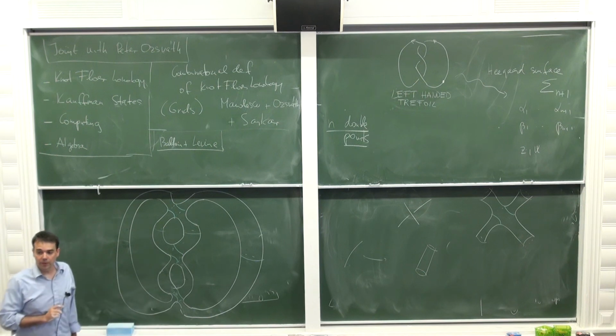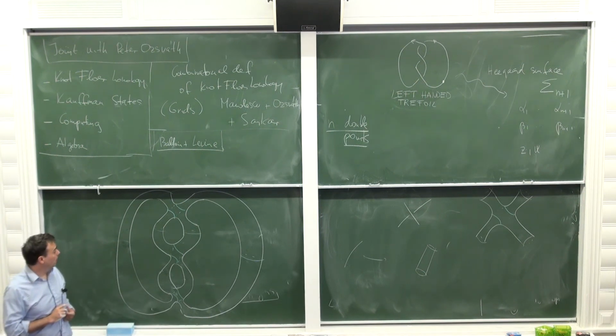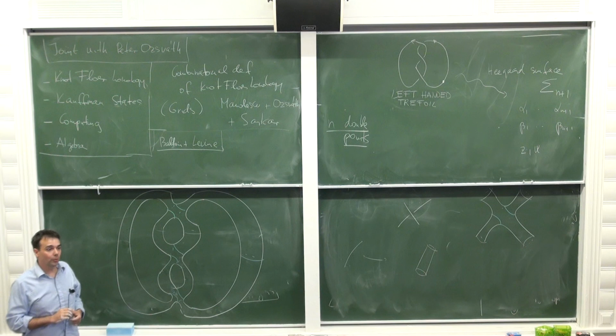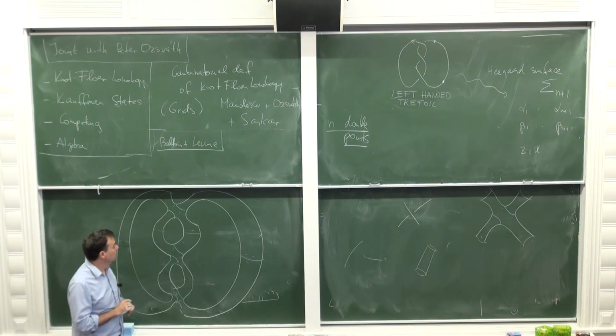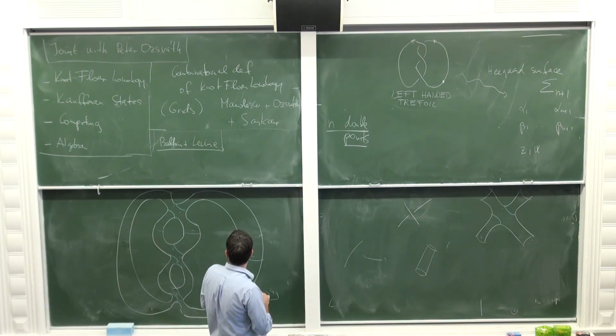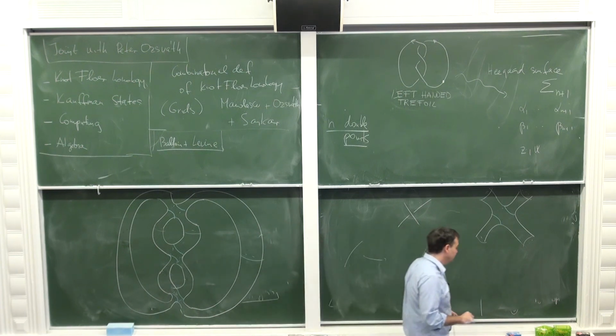Is that okay so far? So these were the four, or in general, n+1 beta circles. Then we also need the other set of circles.